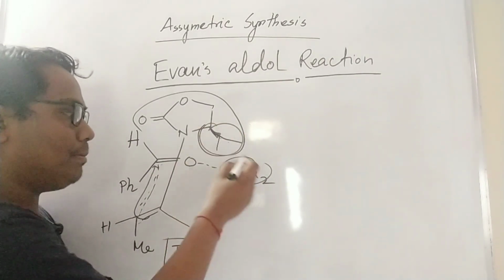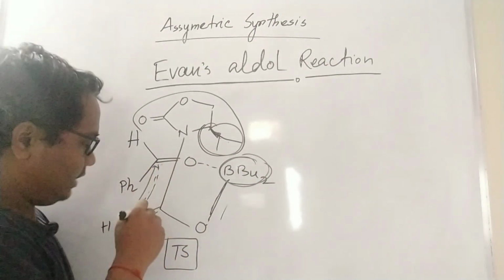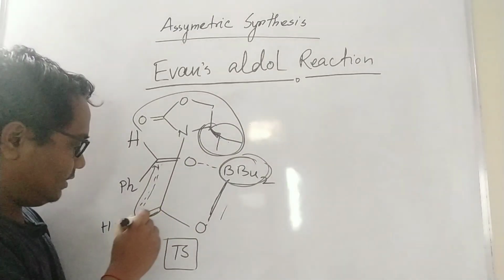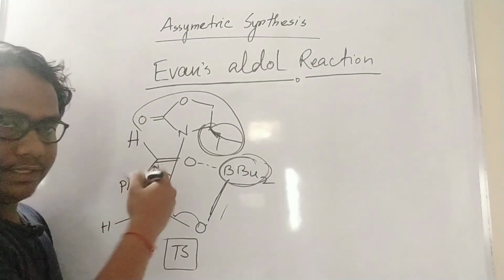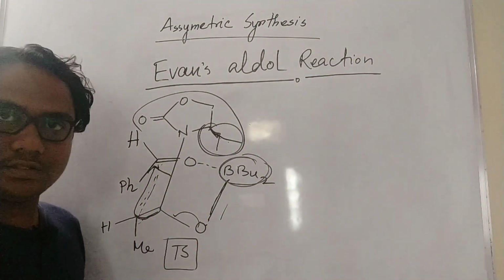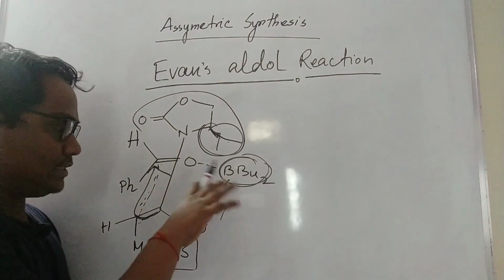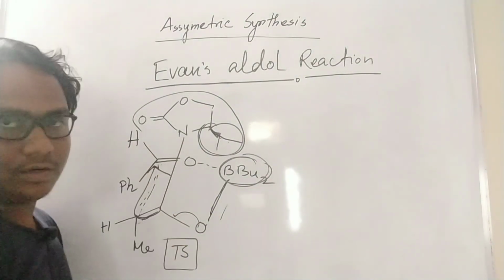Here this group is up, so the aldehyde also goes down, and the enolate will attack from the downside, so that's why it goes down. Understood? And it always prefers the cis enolate because it stabilizes the double bond in a cis way, so it will be the cis alcohol.